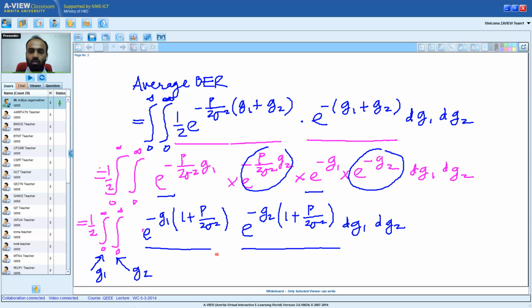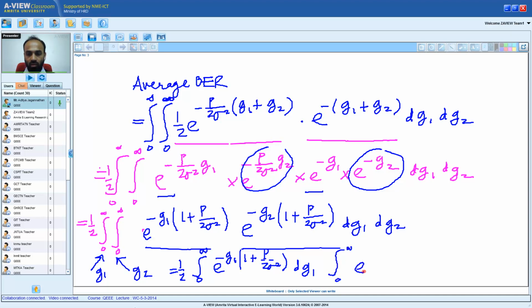Therefore this is actually equal to half, integral from 0 to infinity of e to the power of minus G1 (1 plus P over 2 sigma square) dG1, into integral from 0 to infinity of e to the power of minus G2 (1 plus P over 2 sigma square) dG2, right?